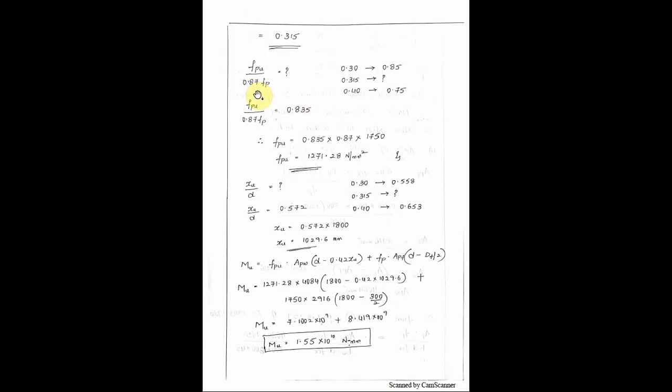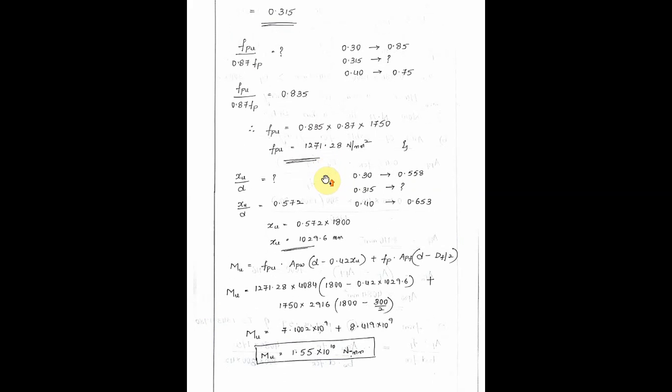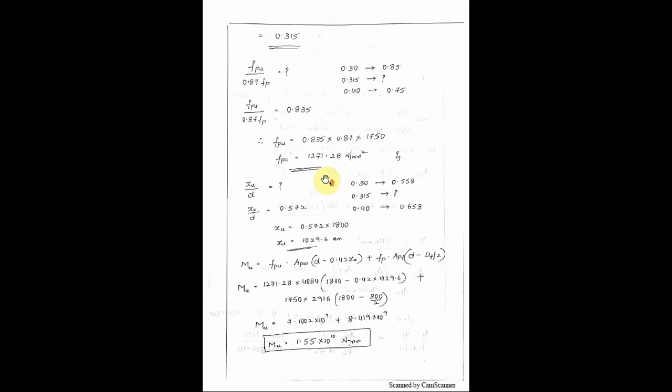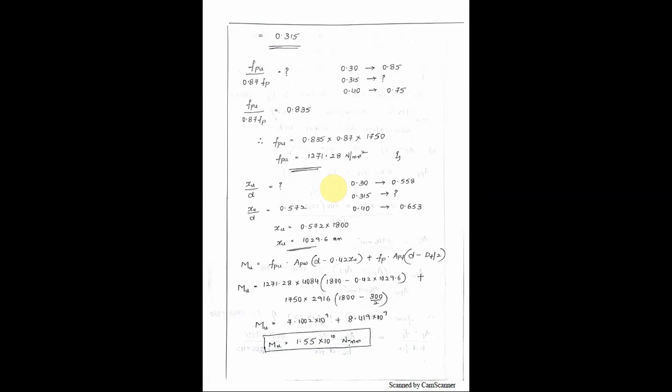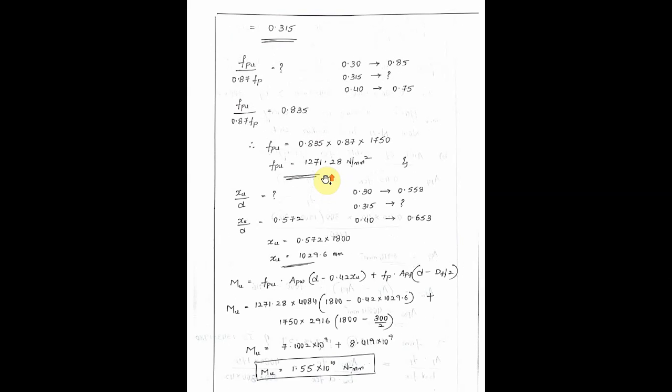So FP is equal to 0.835 into 0.87 into FPU, which is 1750. Therefore FP is equal to 1271.28 Newton per mm square.